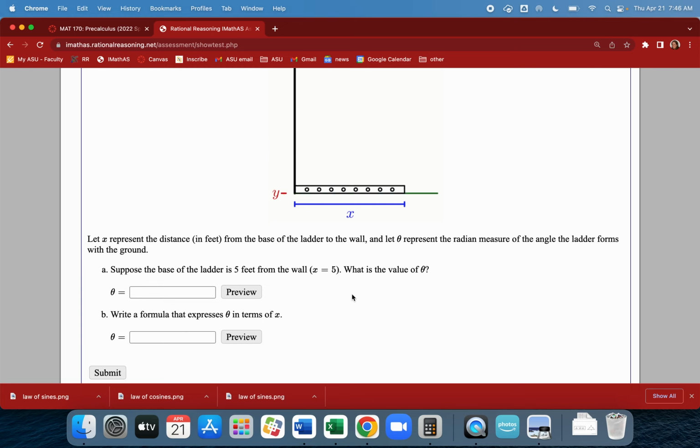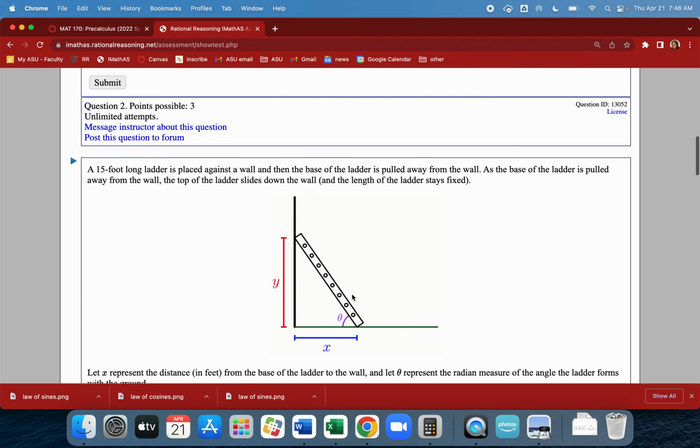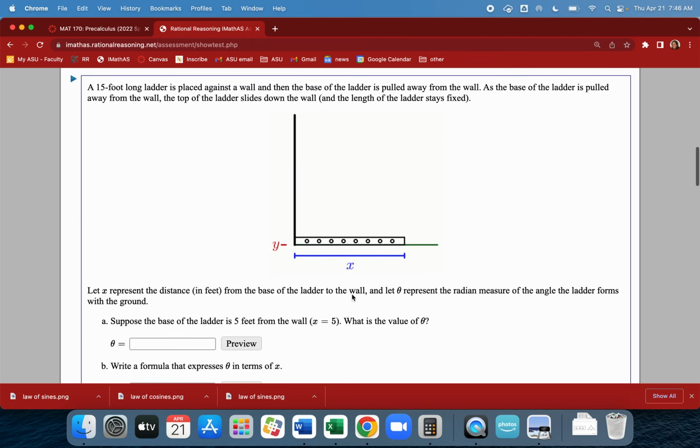So the ladder length is the hypotenuse, as we talked about. This was 15 feet in my case. Yours might be a different length. But if I want to know this angle theta here, I've got the hypotenuse of the triangle and the side adjacent to it.